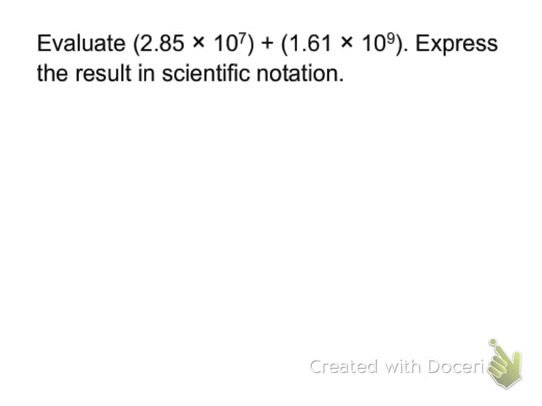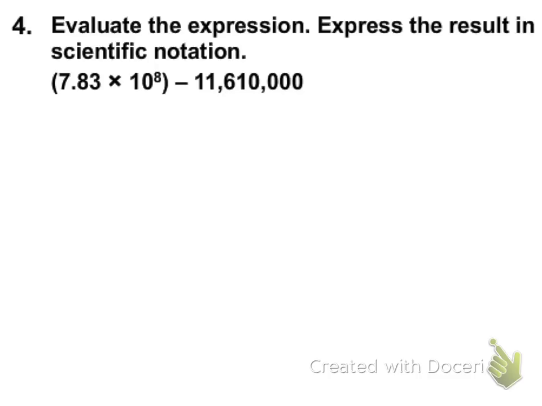All right, evaluating. Why don't you try the next one on your own? Now check your work. You should have had 1 and 6385 times 10 to the ninth power. All right, so evaluating the expression, express the result in scientific notation.